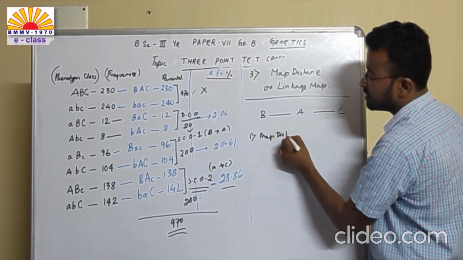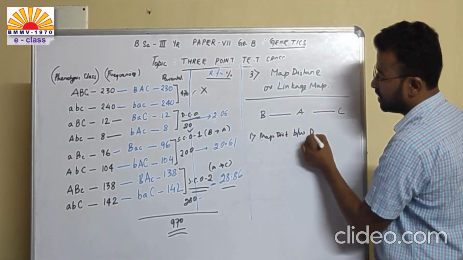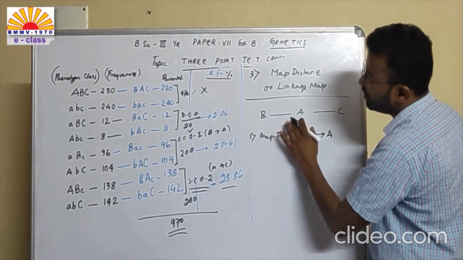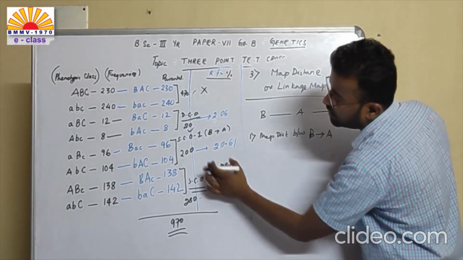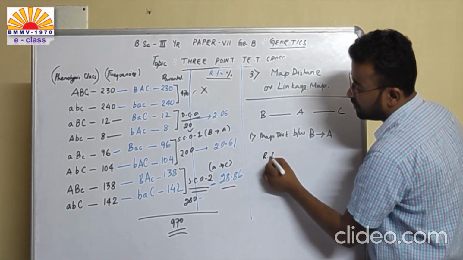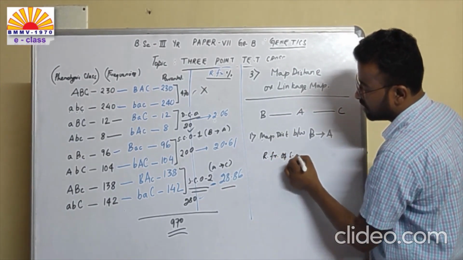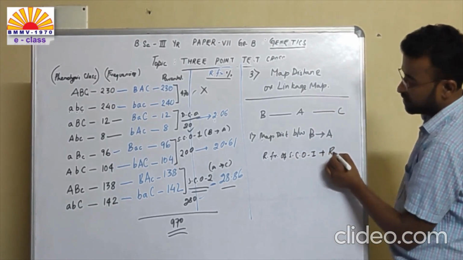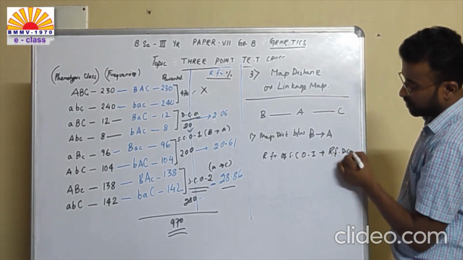map distance between B to A is, you remember B to A is represented by single crossover 1, that is recombination frequency of single crossover 1 plus recombination frequency of double crossover.